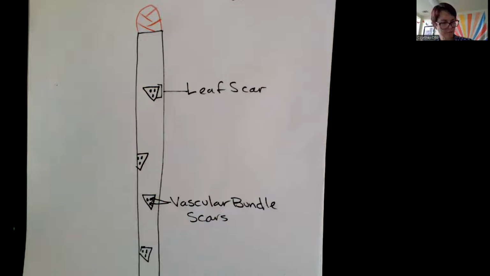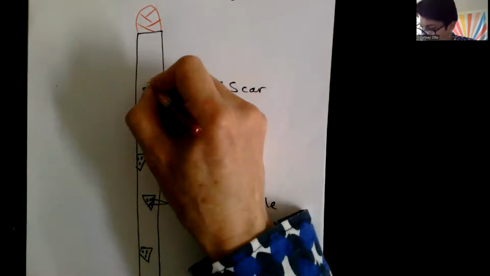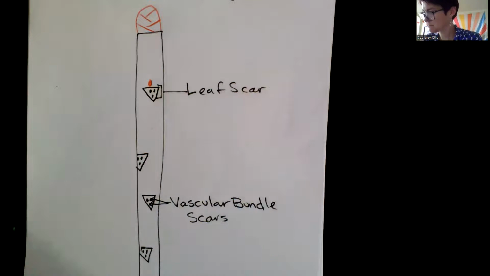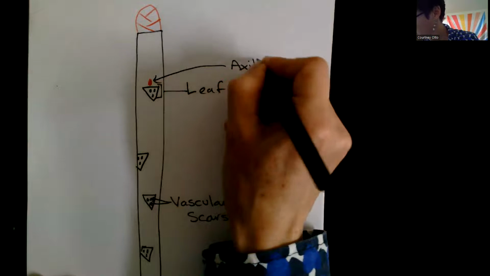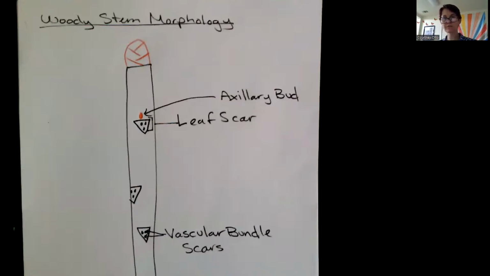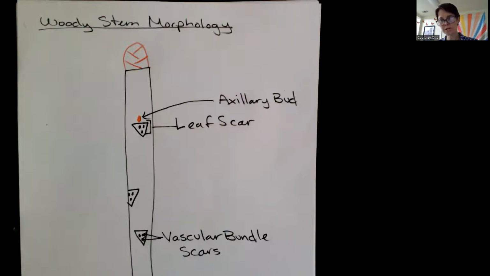Well, something else that we have to add to this little model for our woody twig is, remember, all of our leaves are going to have axillary buds. So I'm just going to add a little axillary bud right there. Remember, these are going to be areas for future growth, right, for branch points.